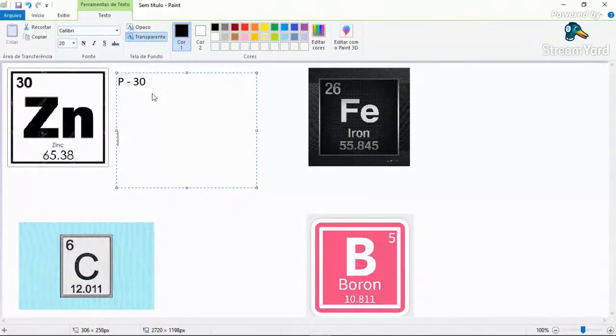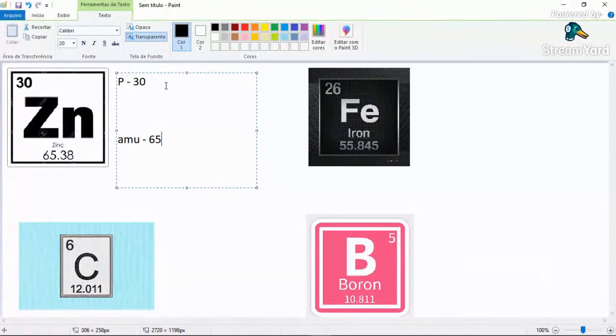My AMU is 65.38. So what do I do? Do I go to 65 or 67? Think about it. I'm going to stay at 65, because of the 3. The 3 is going to make me round down.